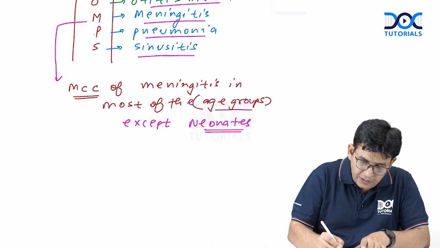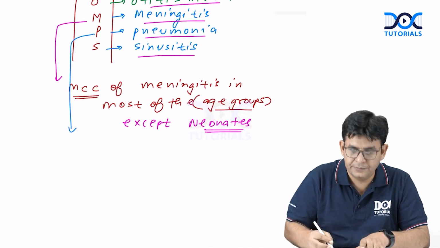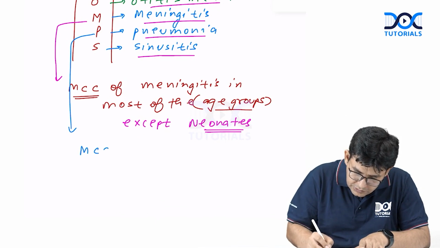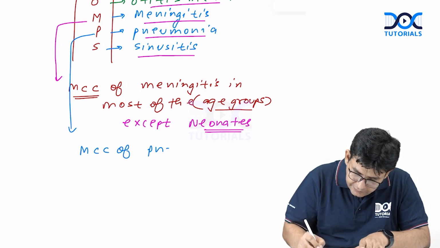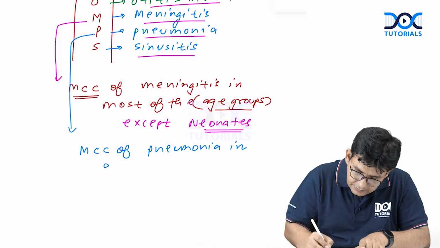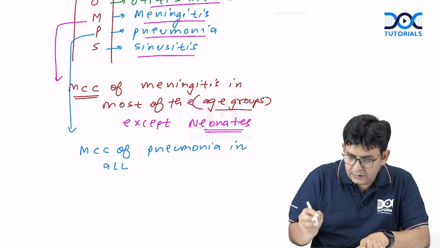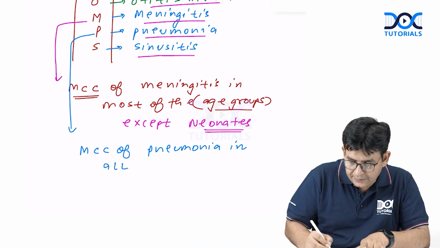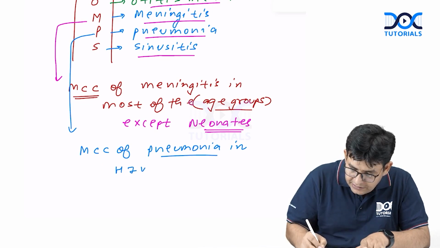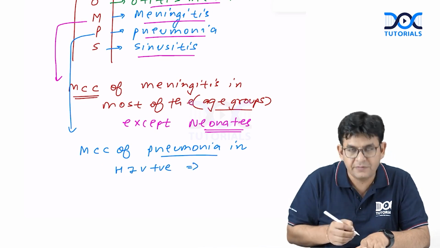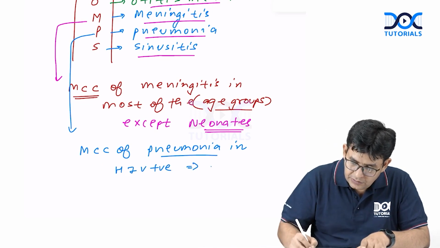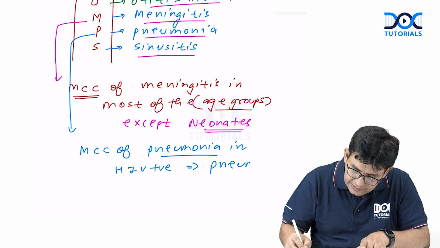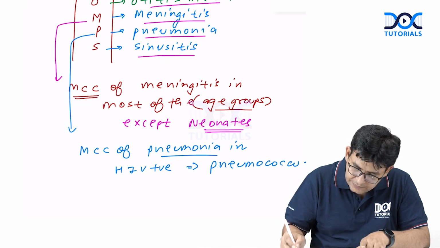Then, if we talk about the pneumonia part, the most common cause of pneumonia in an HIV positive individual, if somebody asks you this, the answer is Pneumococcus.